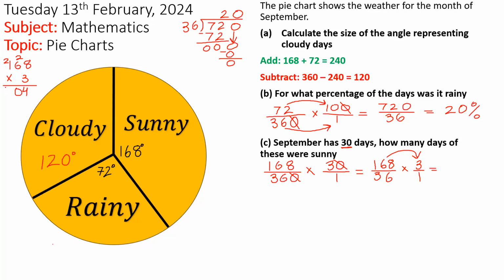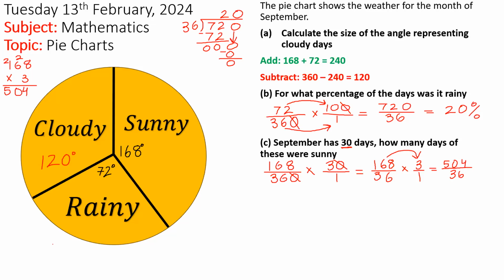Very good. So it's gonna be 504 all over what? 36.